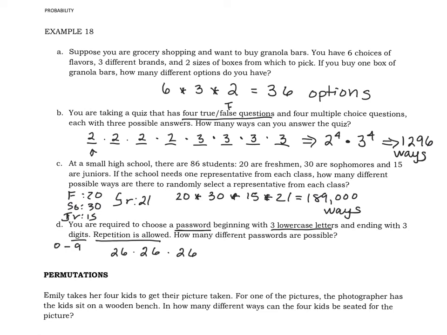And then for the numbers, we have 10 choices for the first one, 10 choices for the second one, and 10 choices for the third. So let's multiply that out. And we get 17,576,000 different passwords are possible.